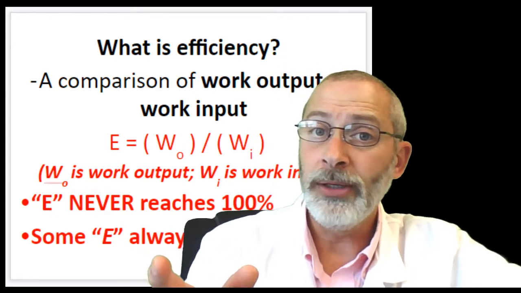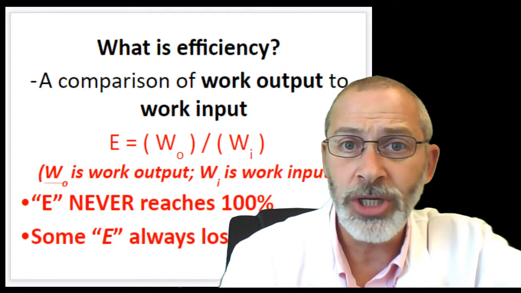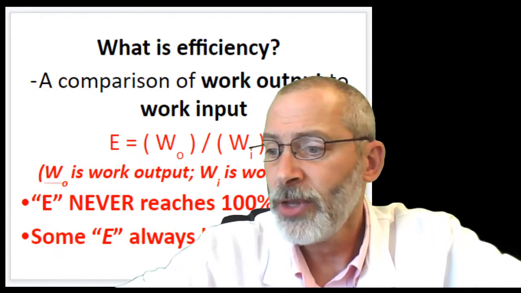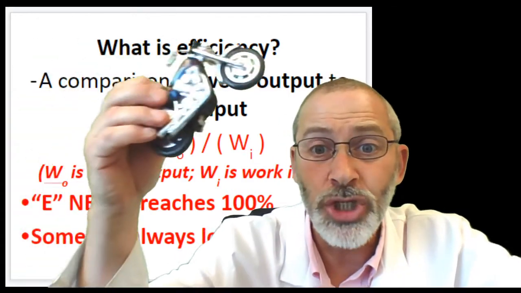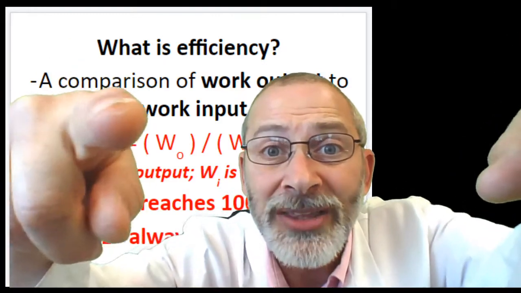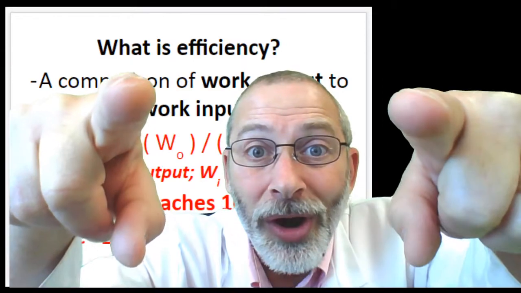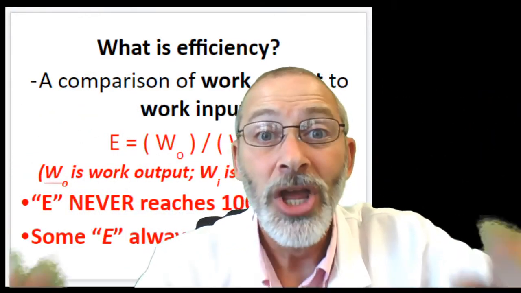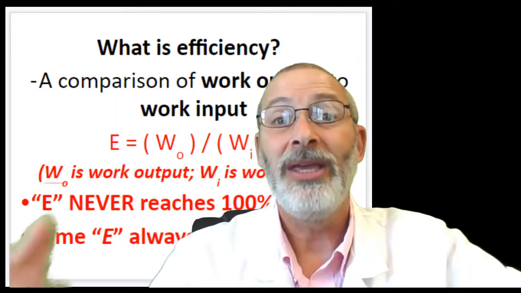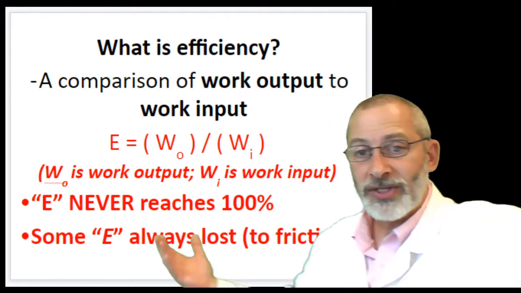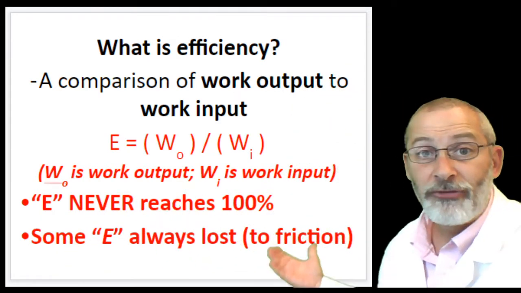But the point that I'm trying to make is that all machines, whether they are mechanical, simple machines like a hammer, whether they are automotive machines like a motorcycle or car, or the machine that you're using right now to view me, whether it's a projector or a Google Chromebook or a computer, phone, whatever, that machine also is not 100% efficient, and there is a loss of efficiency due to friction.